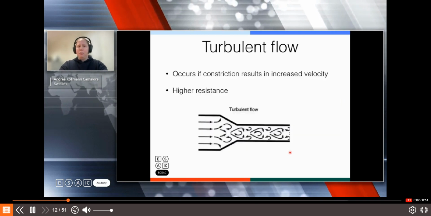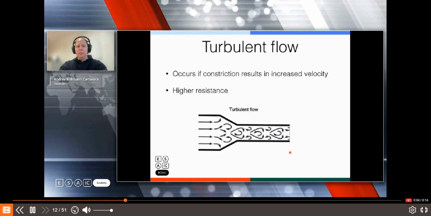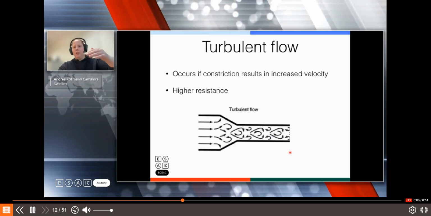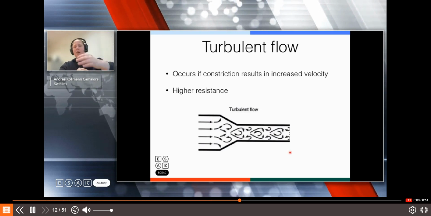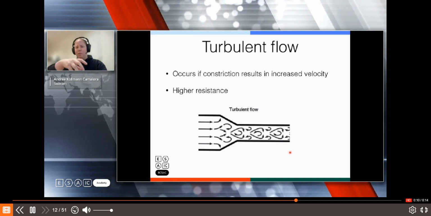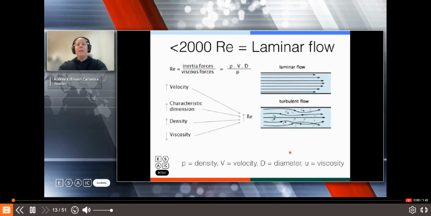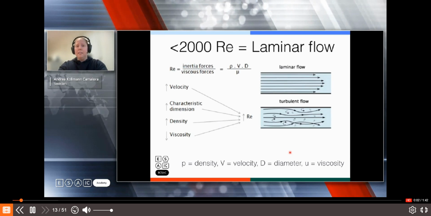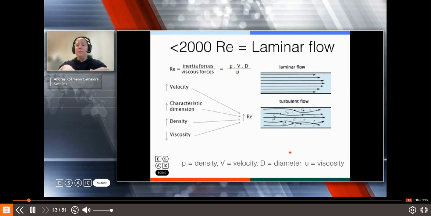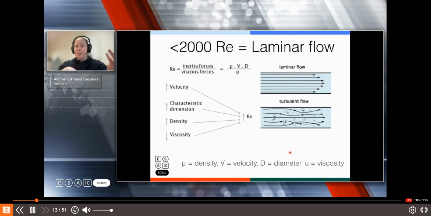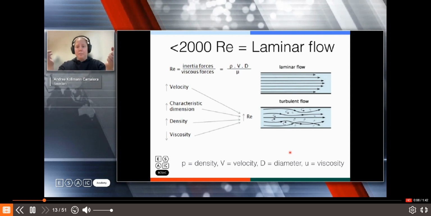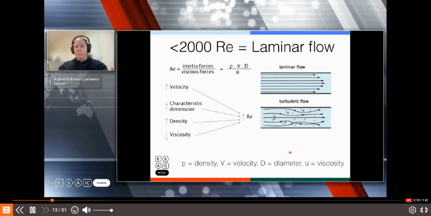Then we move into turbulent flow. This occurs if there is a constriction and the velocity is increased and there is high resistance, and then the flow cannot circulate as nicely, so it becomes turbulent. There is an equation that tells us if the flow will be laminar or turbulent. And it's the Reynolds number.